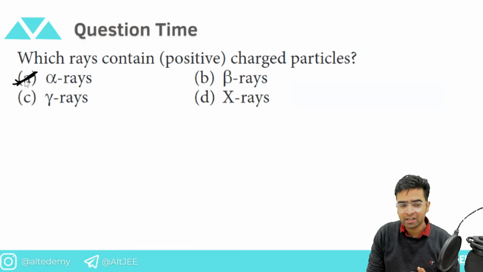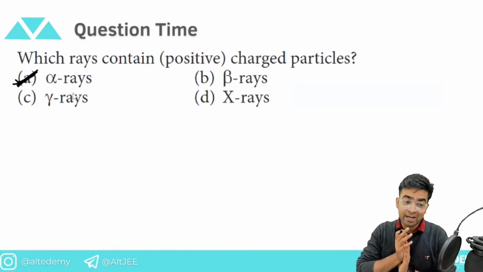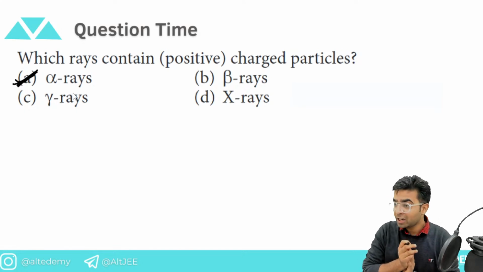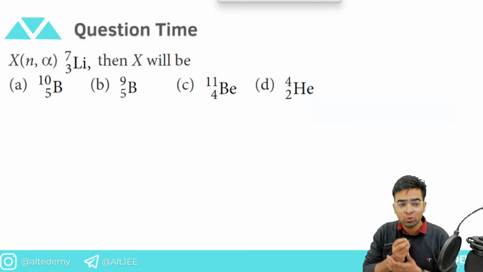Alpha is positive, beta is negative, X-rays are neutral, and gamma we will talk about later. So alpha rays are the correct answer. They are helium nuclei, positively charged with the charge 2+.